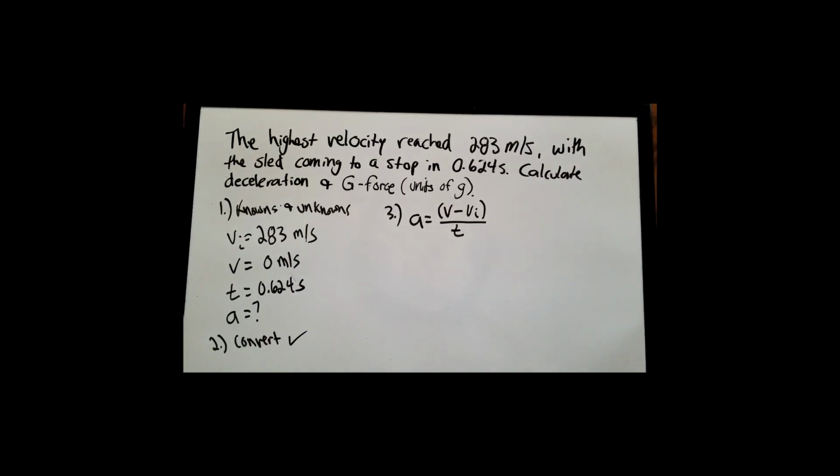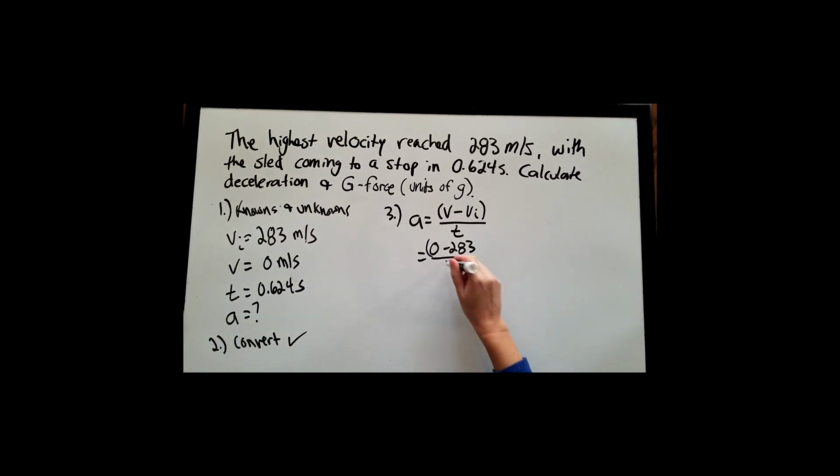It's going to be 0 minus 283. So it is going to be a negative number, which makes sense because we always want a negative value when we're talking about deceleration. So we're going to get negative 283 divided by 0.624.